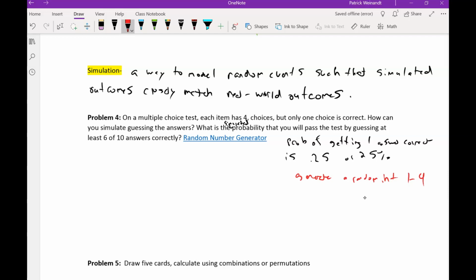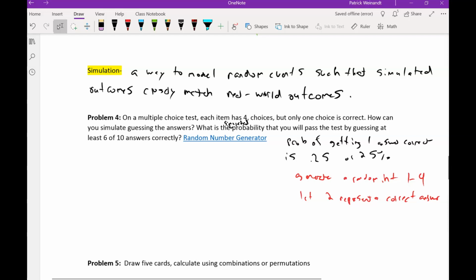Since your number generator has a 25% chance of generating a 1, a 2, a 3, or a 4, that's the same as the probability of getting that answer correct. So we'll just say, let 2 represent the correct answer.